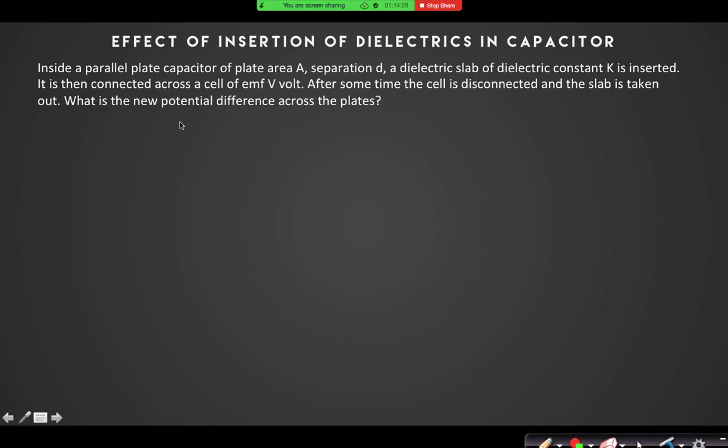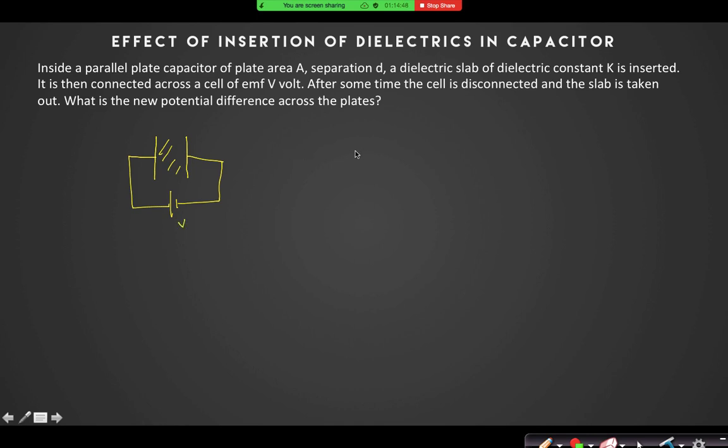Look, this question says that a parallel plate capacitor is there. Now it is connected across a battery and a dielectric slab is there also.